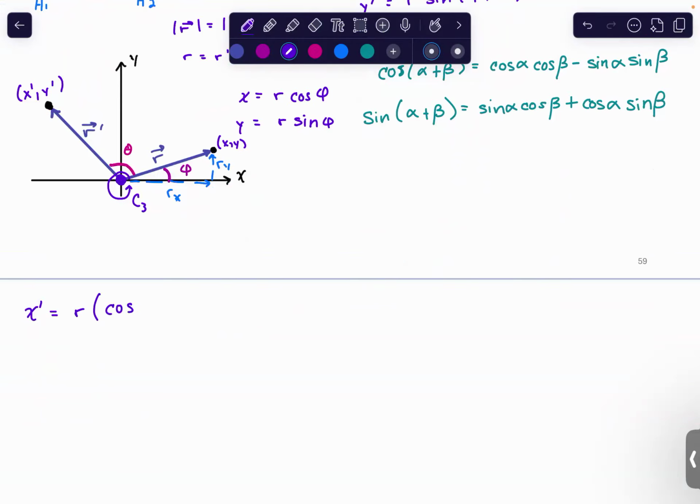And then I'll do Y prime, R is out front, we're going to fill in the sine of phi plus theta: sine of phi cosine of theta plus cosine of phi sine of theta.